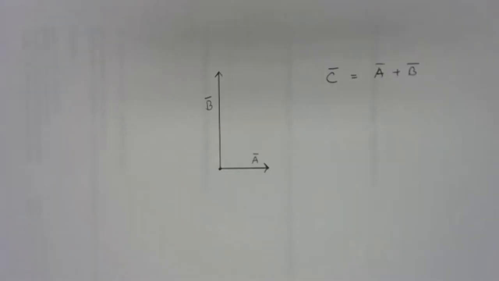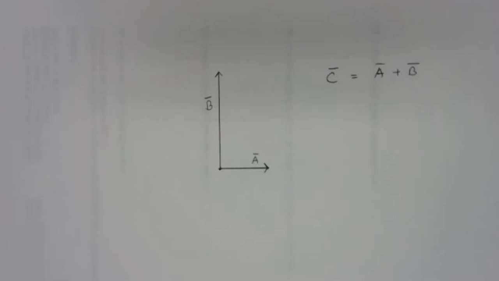plus vector B. Now, remember that addition doesn't care about order. Addition is what we call commutative. It doesn't matter what order we do things in. So we can work with A first, we can work with B first. It doesn't make any difference.